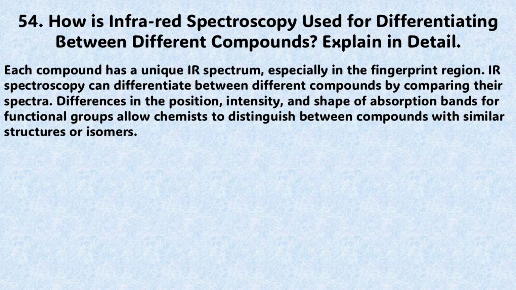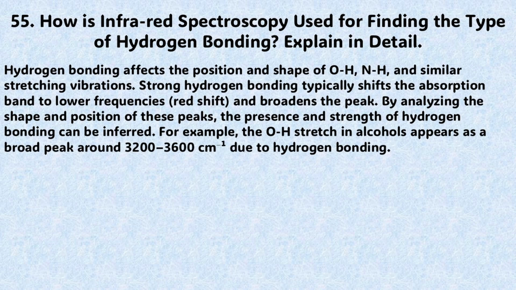Infrared spectroscopy can differentiate between different compounds by comparing their spectra. Differences in the position, intensity, and shape of absorption bands for functional groups allow chemists to distinguish between compounds with similar structures or isomers.